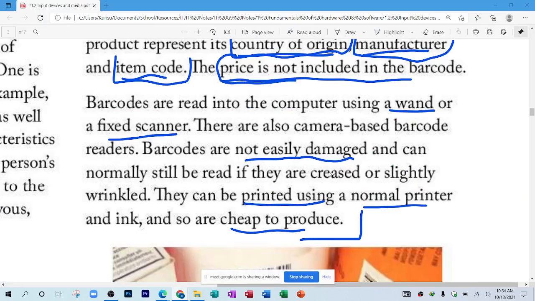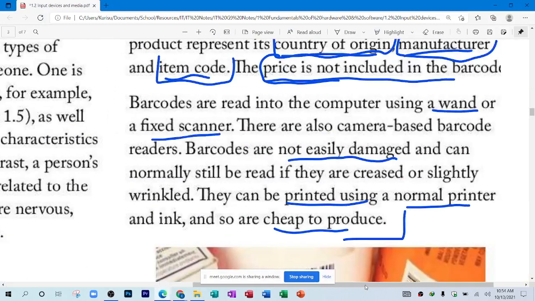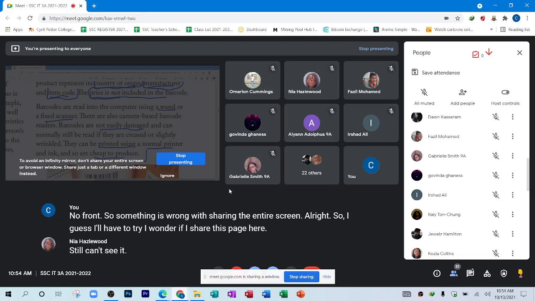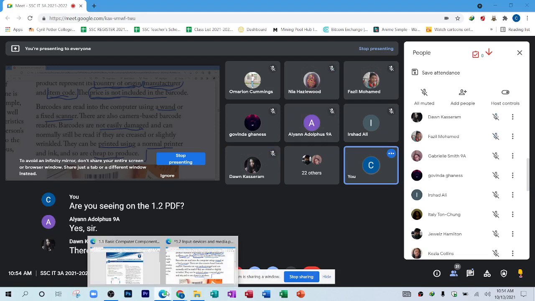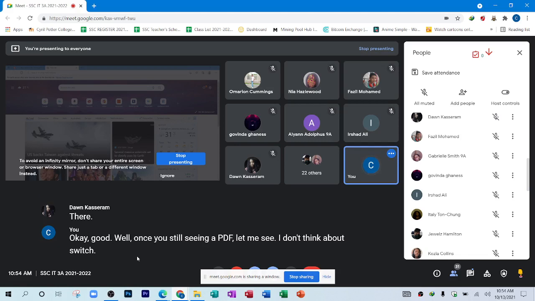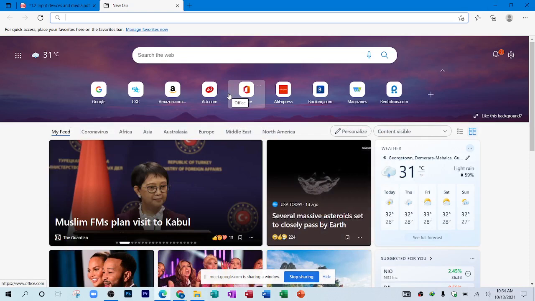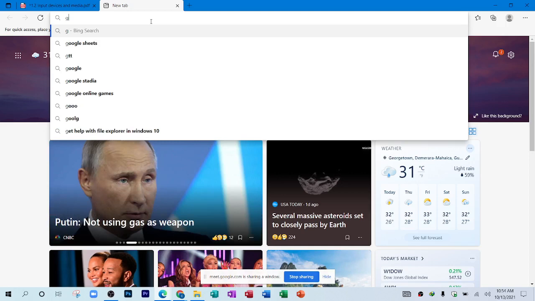I wonder if I share this page here. Sir, we still can't see it. Are you seeing the 1.2 PDF? Yes, sir. Okay, good. Once you're still seeing that PDF, let me see. Are you seeing the other tab in the browser? Yes, sir. Okay, good. Well, we can use it from here. Very good. So we can work from here.